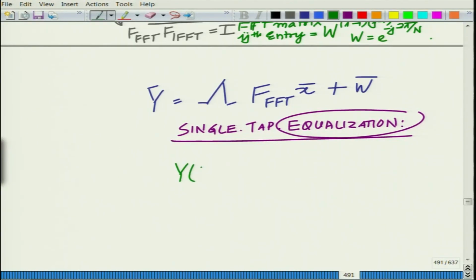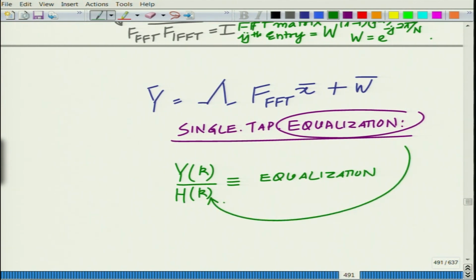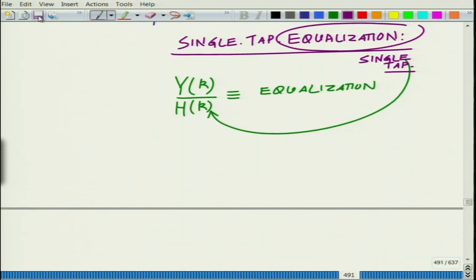Remember, Y_k divided by H_k is essentially your equalization, and since you are dividing by only one quantity, H_k, this is your single tap equalizer.